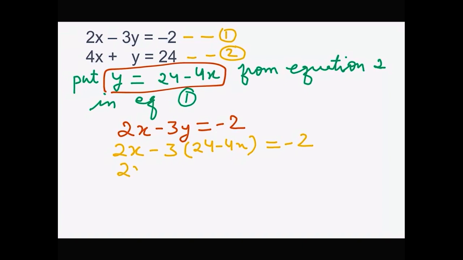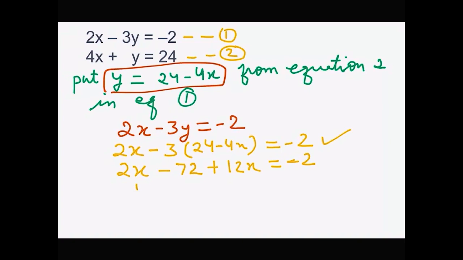Now you have to solve this equation. This whole equation is now in terms of x only, so it will be 2x minus, now you can multiply that out, so it will be 72, minus that will become plus 12x, equals minus 2.